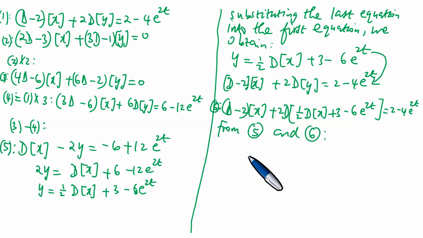What is the triangular system in the required format? It is the top one that we just got. It is the D minus 6, D minus 2, you close like this.